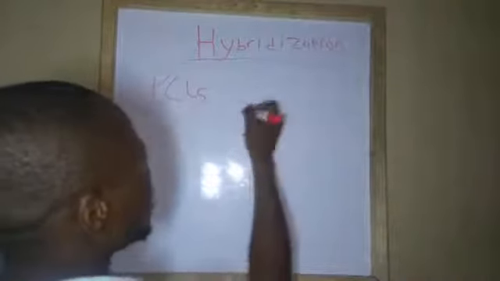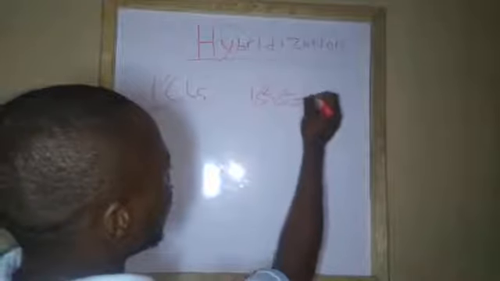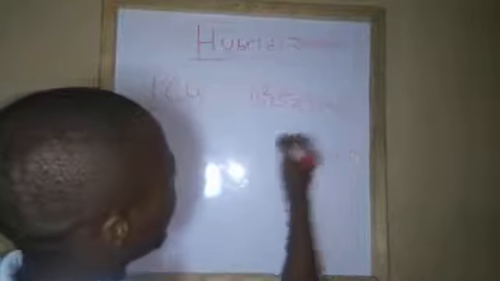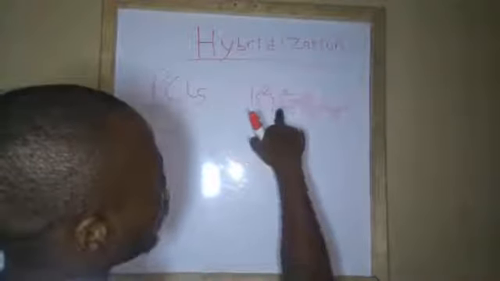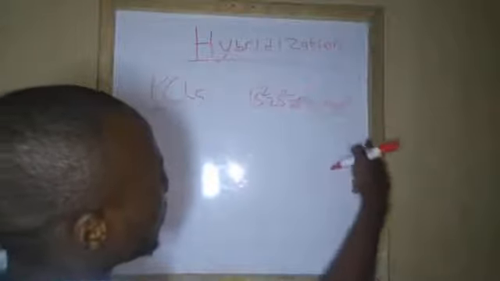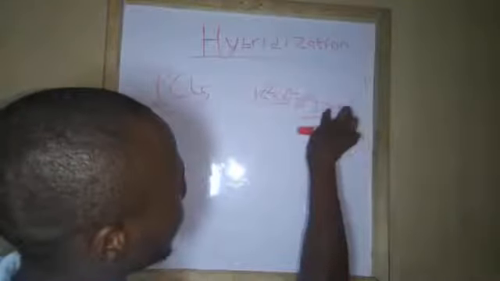You have 1s2, 2s2, 2p6, 3s2, 3p3. So 6 plus 2 plus 2, 10, 12, 15. This is 15 altogether. Now that you've gotten your 15, you have the issue with this 3s2 and 3p3.